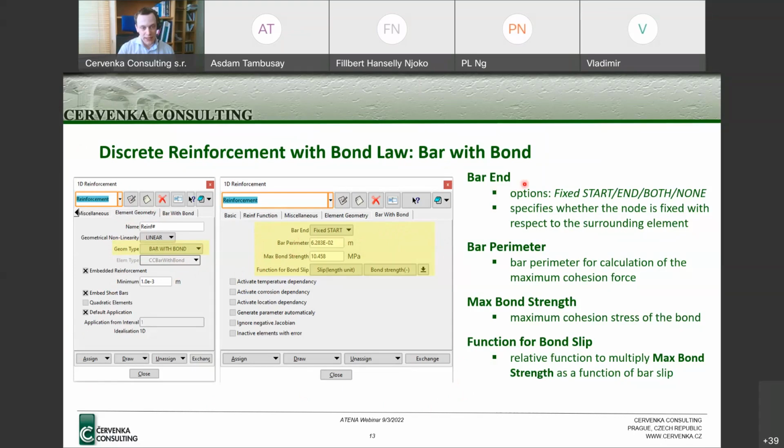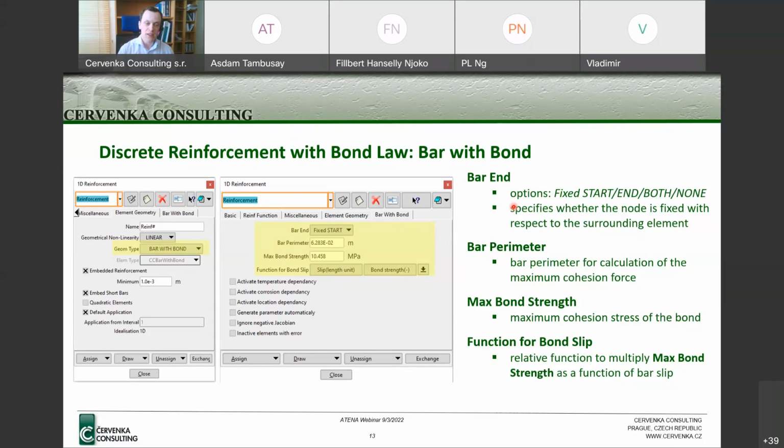At the beginning, the option bar end specifies whether the end nodes of the reinforcement are fixed with respect to the surrounding concrete. For example, this is useful, as I will show later, for modeling of the pullout experiment or for modeling hooks at the end of the reinforcement in many structures.